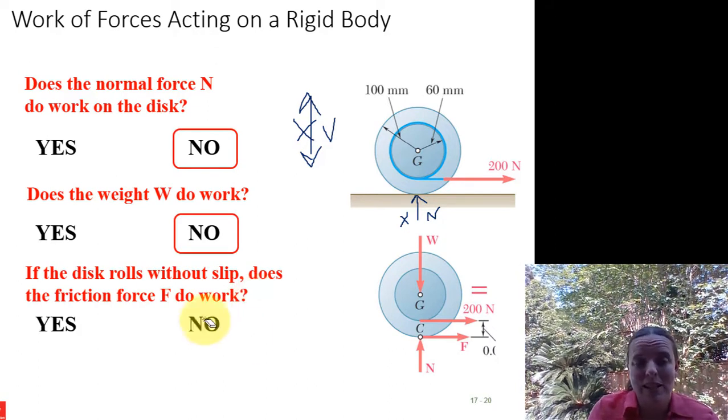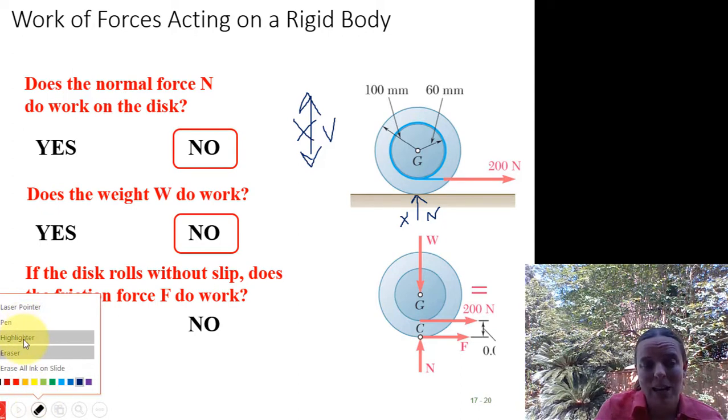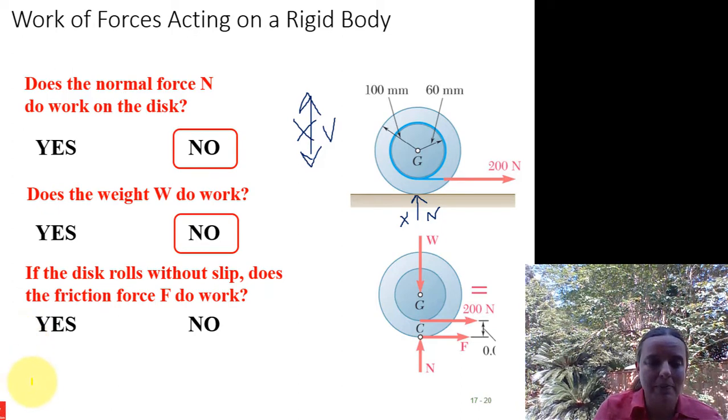Here's an interesting one. If the disk rolls without slipping, does the friction force do work? Initially you think, oh yeah, it does seem like it would do work. Let's talk about without slip.